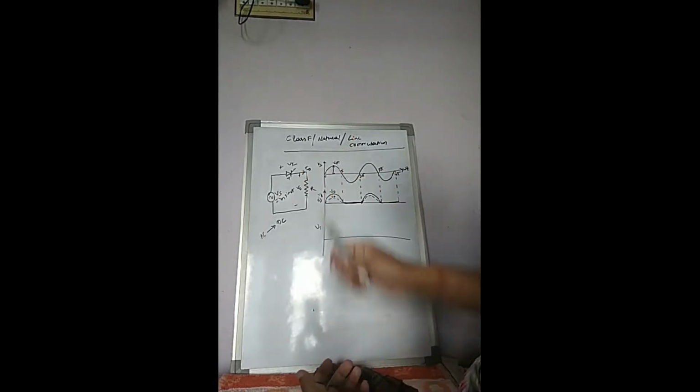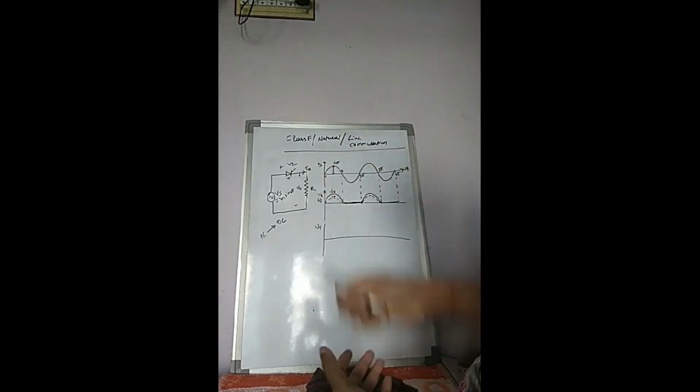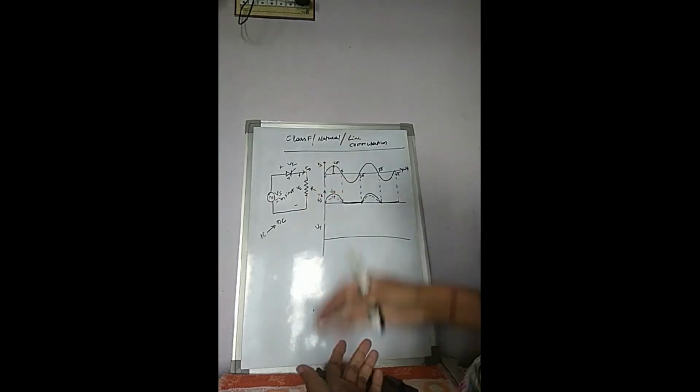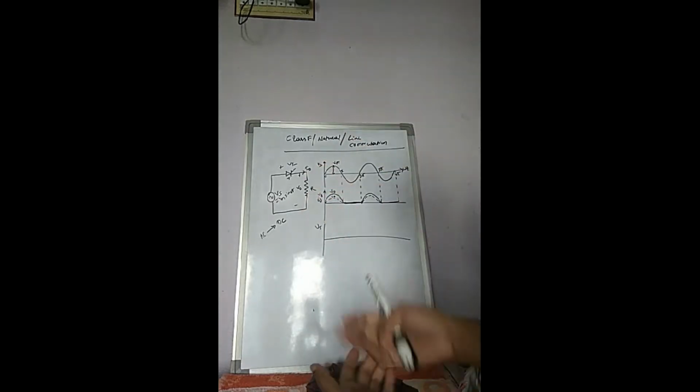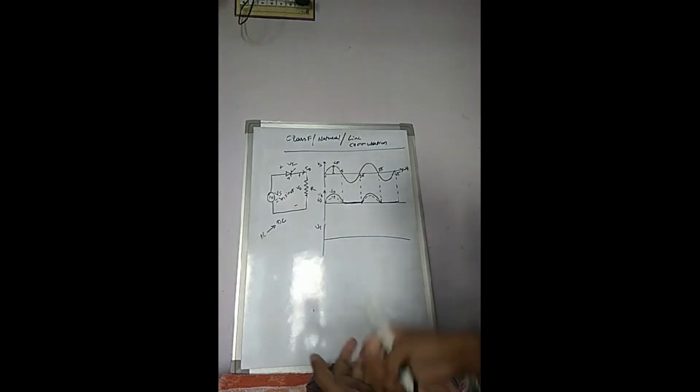When reverse voltage is applied across the thyristor, then the current through the thyristor falls below the holding current, or you can say nearly zero, then the device is in off state. So this is the natural commutation process.